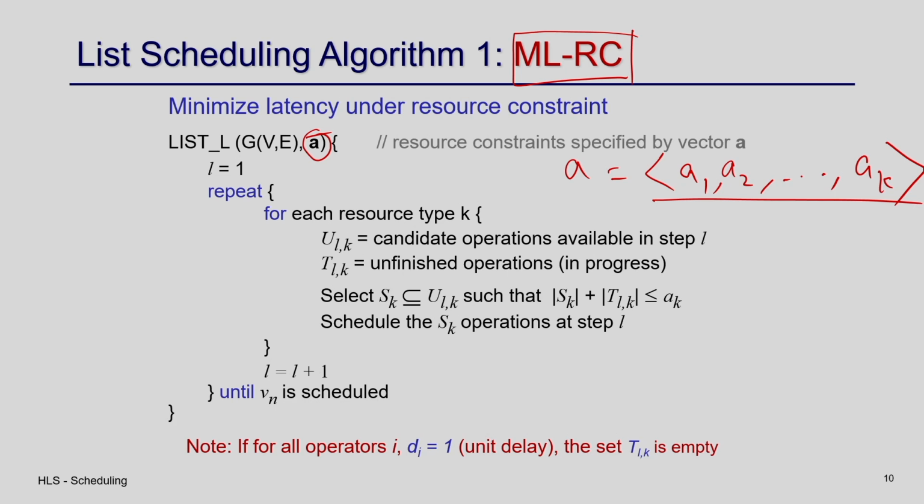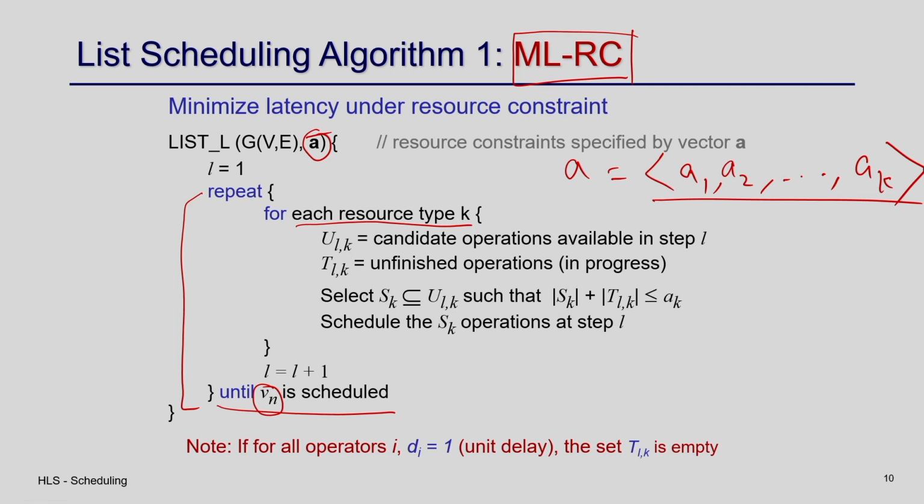So, what I am going to do? I am going to do the things for all nodes in my sequencing graph. So, I am going to run an outer loop until all my nodes are scheduled. So, Vn is the sink node. Until my sink node is scheduled, I am going to do this whole process time and again, right. And then for each type of resource, I am going to do the things, in each timestamp.